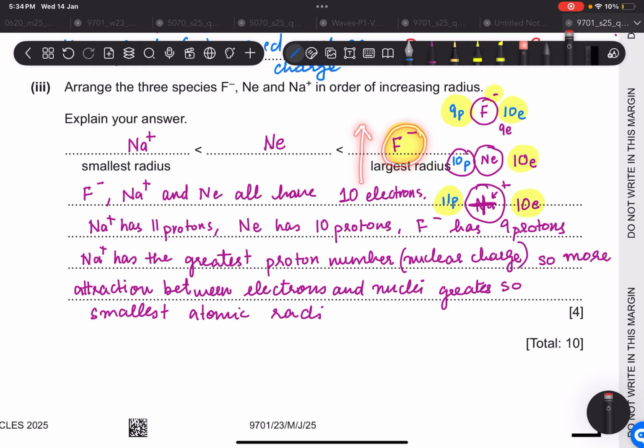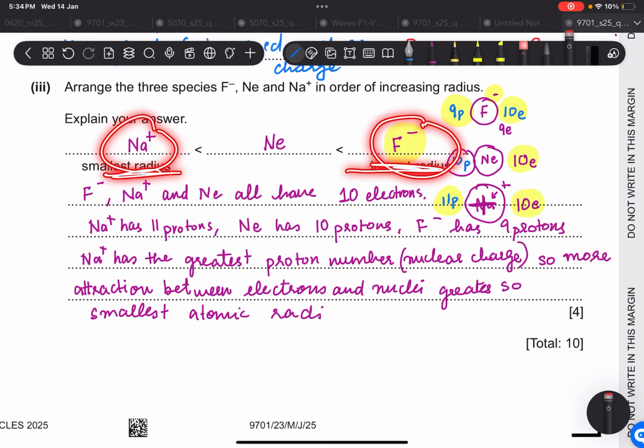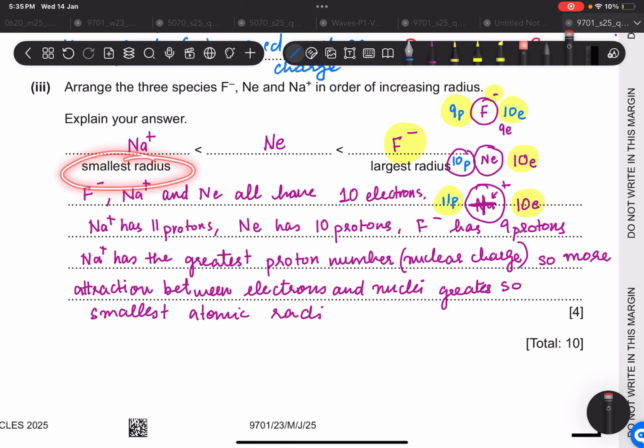For the examiner to give you these 3 marks, first you have to say all have the same number of electrons. Then you have to say that this one has the lowest proton number, that is why it has the largest radius, or this one has the highest proton number, that's why it has the smallest radius.